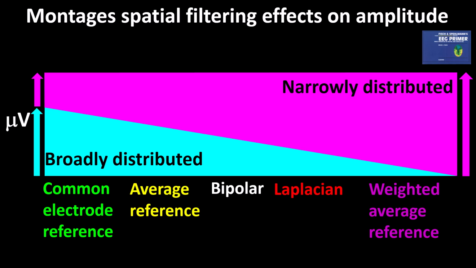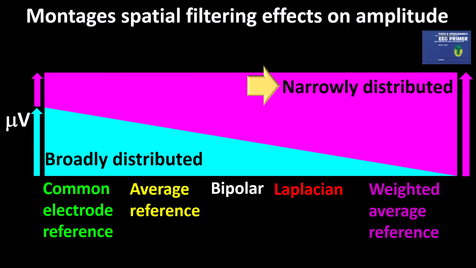We can summarize this by saying that, overall, a narrowly distributed potential is likely to be detected when using any type of montage, and this is true for all but the most restricted potentials of the lowest amplitude.